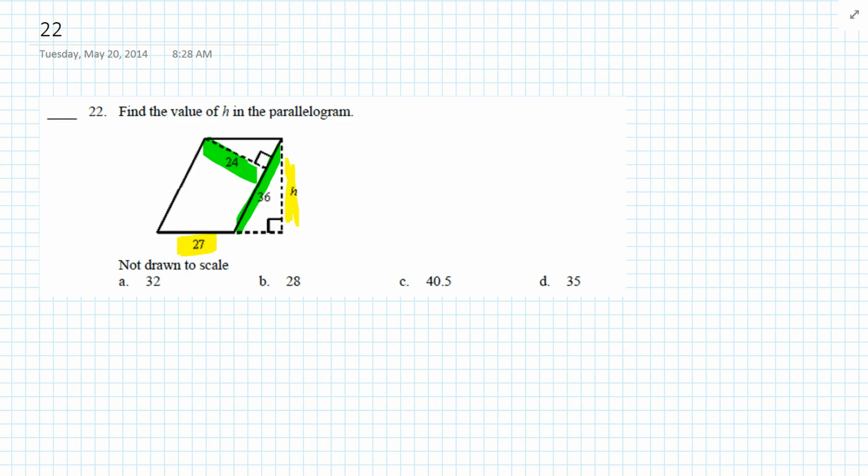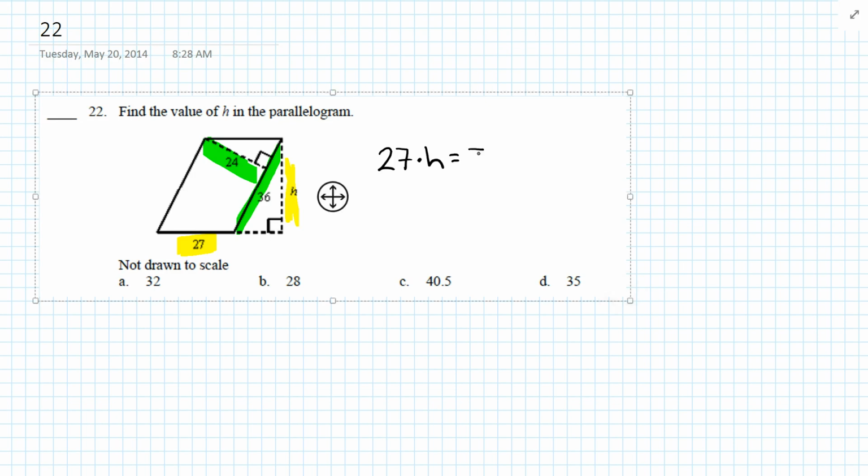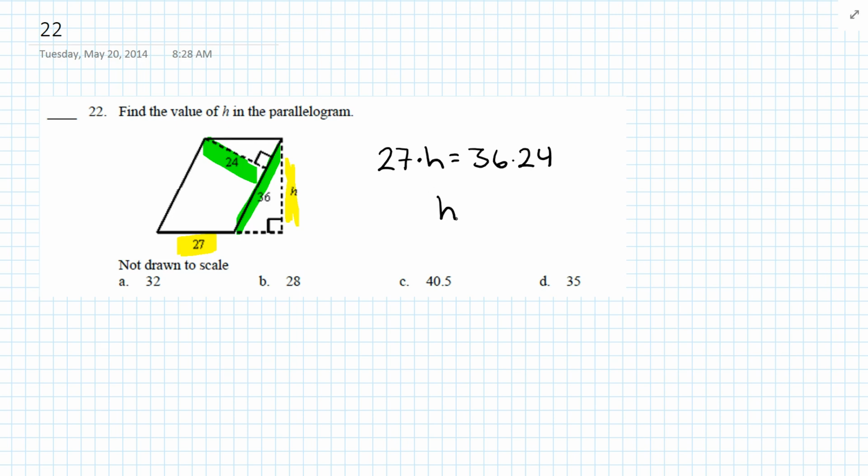So using the area we know, we got 27 times h is going to equal the area. We also know 36 times 24 is going to equal the area. So we can set them equal to each other because the area of the same object is the same size. So h is going to be 36 times 24 over 27.